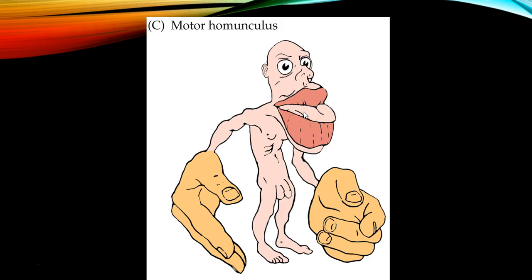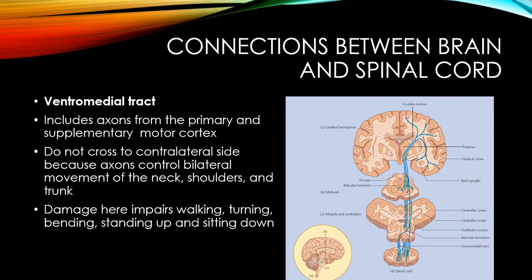Those are represented in a much greater area in the motor cortex, and that gives us the ability to have much more specific movements.